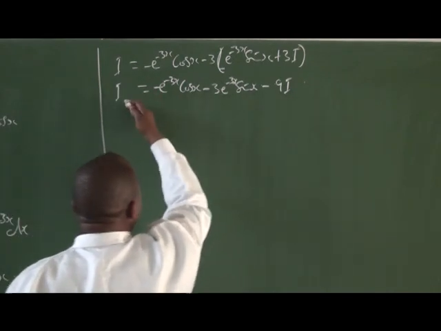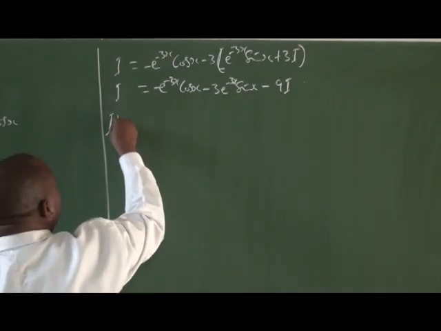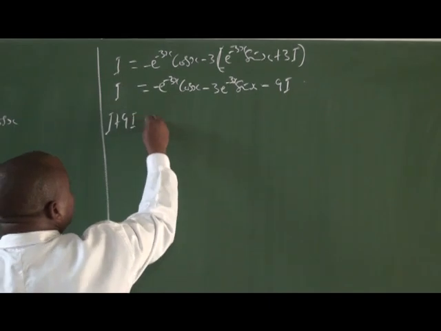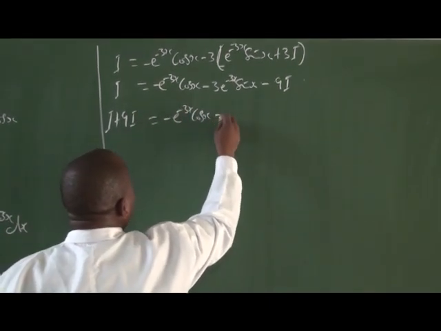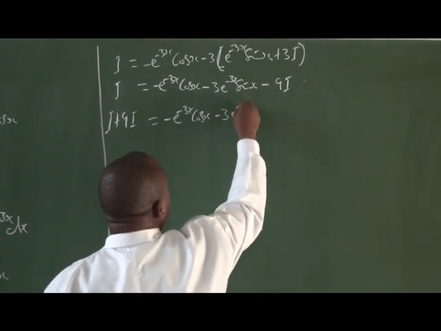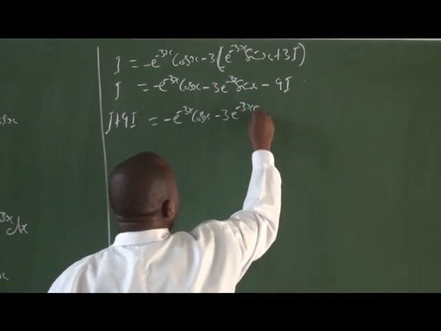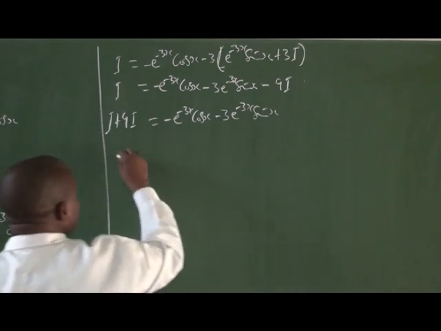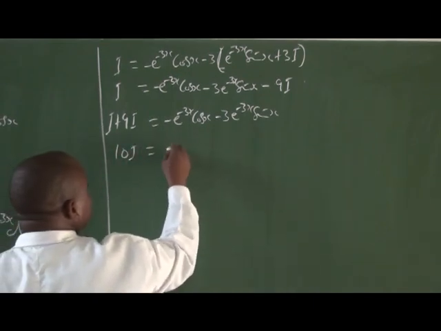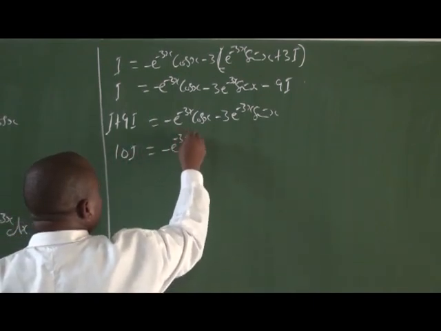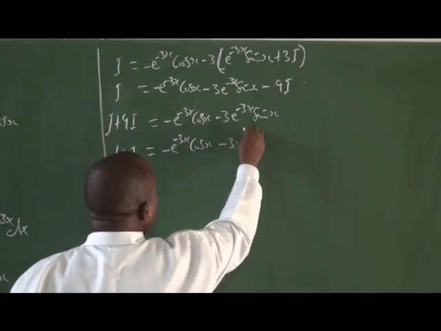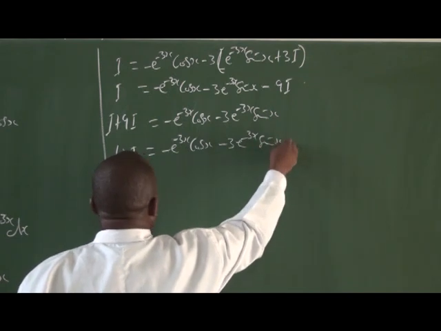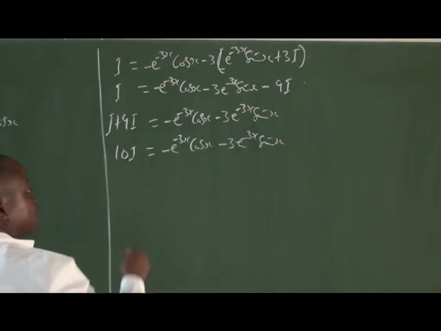If I transfer this to this side, I plus 9I will be equal to minus exponential minus 3x cos x minus 3 exponential minus 3x sine x. So 10I is equal to this.